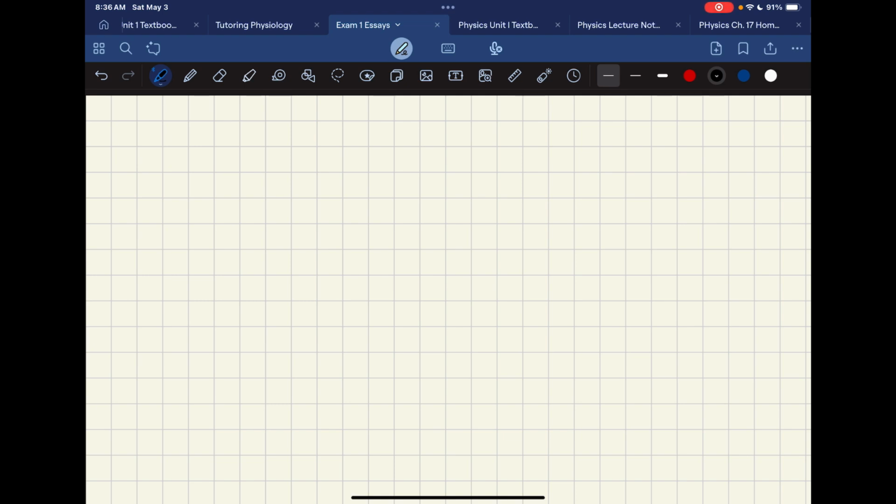So I'm first going to start by drawing this little graph here, which will represent our resting membrane potential here. We'll talk about threshold in a little bit. And then we'll do action potential.